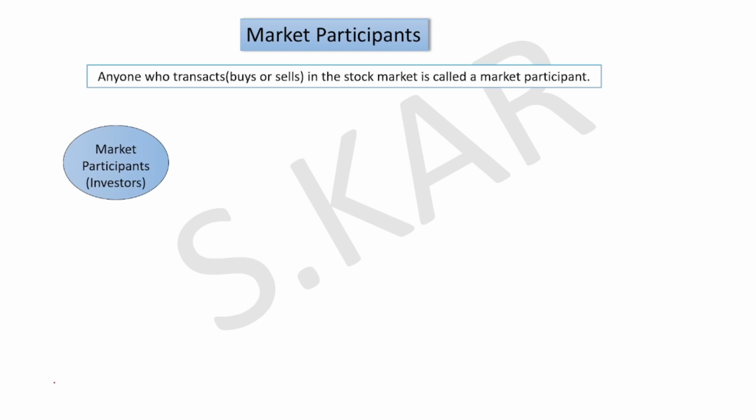Okay, that means the market participants refer to the investors. Now there are different kinds of market participants based upon their location, their net worth, and their individuality, or whether they are in groups or not. Based upon these factors, there are many types of market participants.